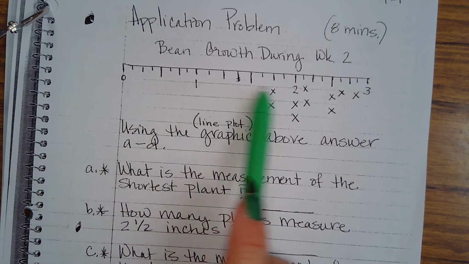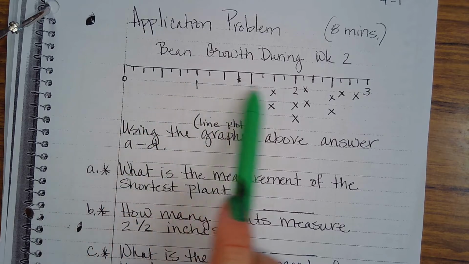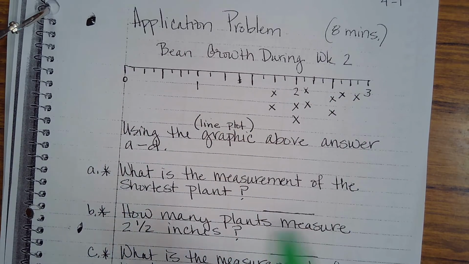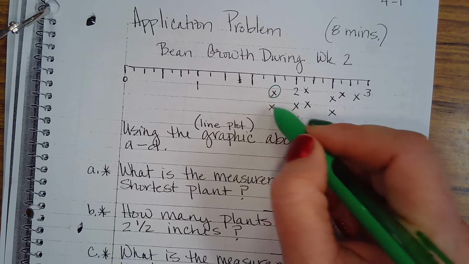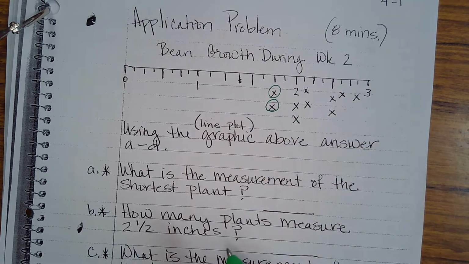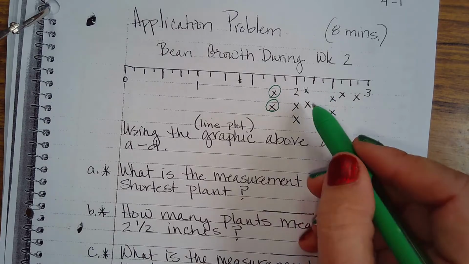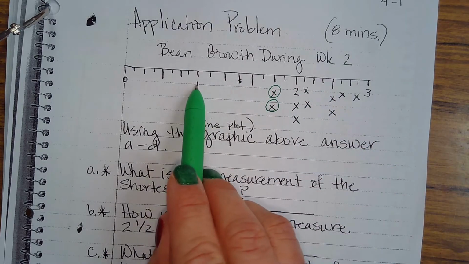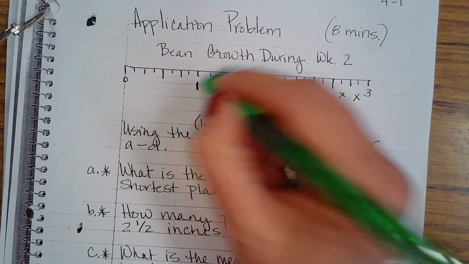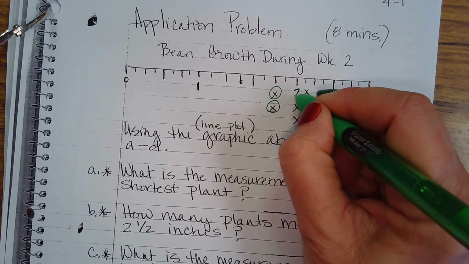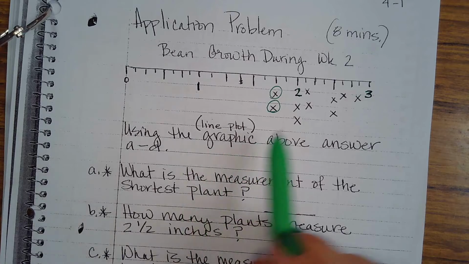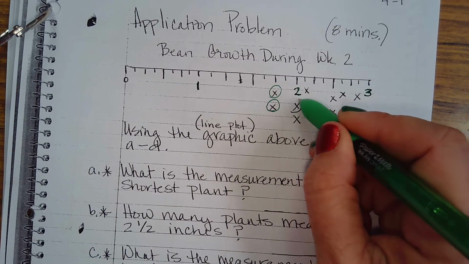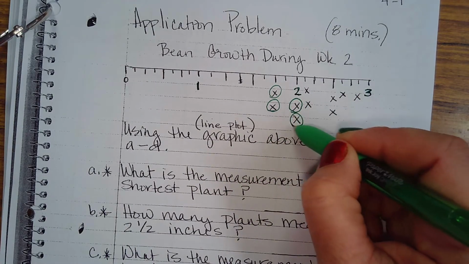So look at this graph or this ruler, if you will. And this is a line plot. I've plotted data on this chart. So it looks like this is on the ruler. Here's 1, here's 2, here's the number 3. Then I have 2 pieces of data sitting on the 2.